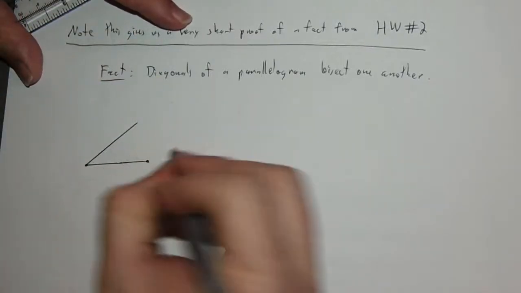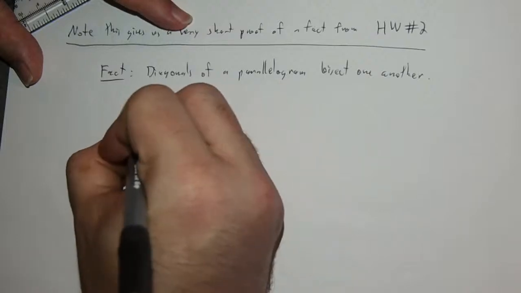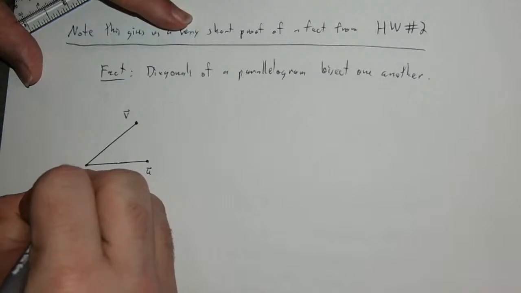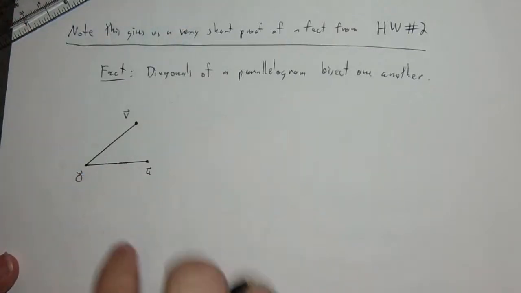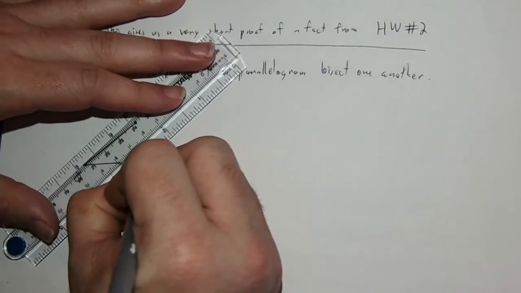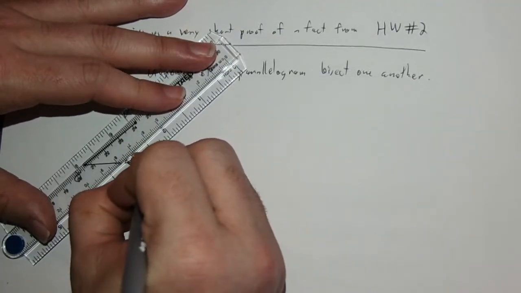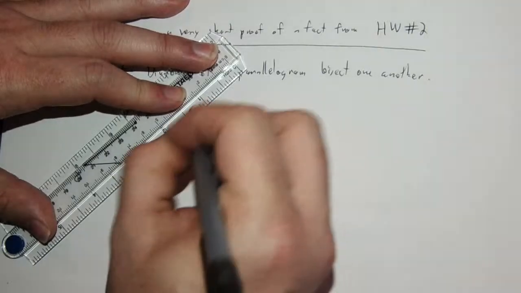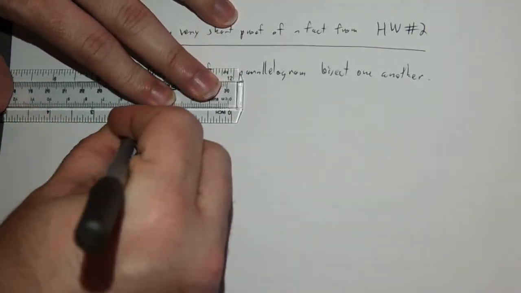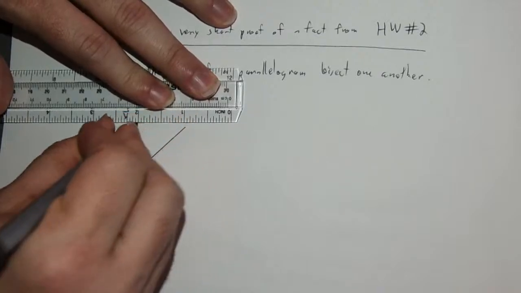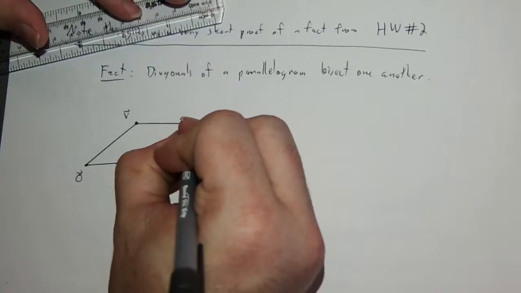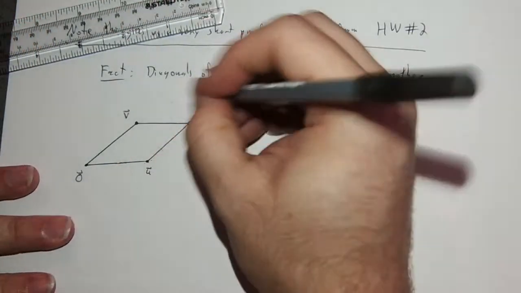Here's vector u, here's vector v, and here's the 0 vector. So u plus v is the fourth vertex of this parallelogram. So here's u plus v.